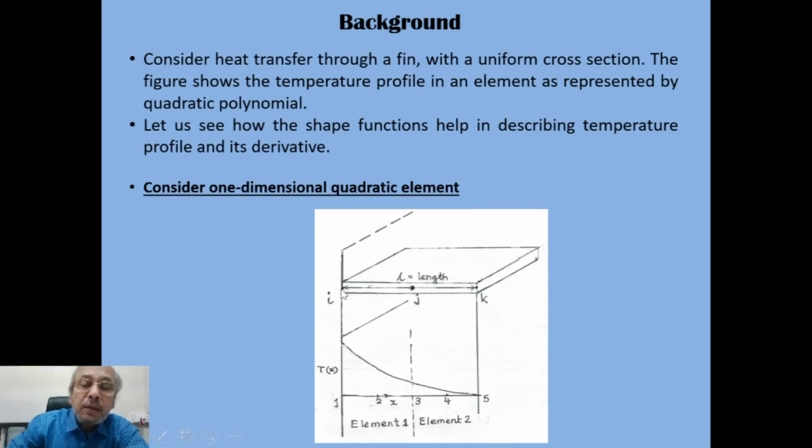So at one point, that means at the base, let us say the point is I, and this line which is representing the fin, the end point, the point is K, and temperature varies over this line element. And as we know, the fin is a device for extended heat transfer.